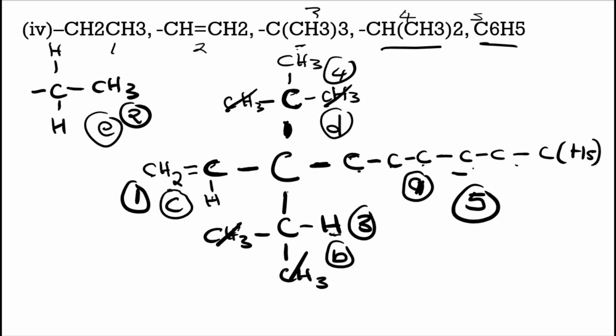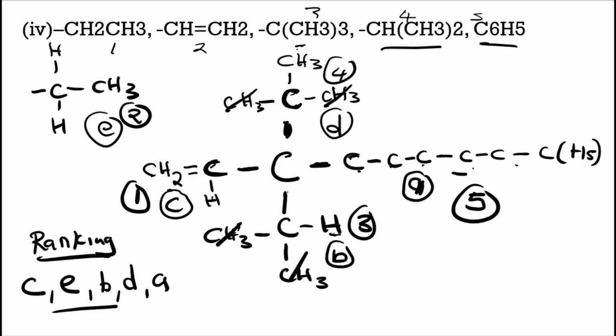So in ranking priority now, you're going to have from the lowest, C will be the lowest, followed by E, followed by B, followed by D, and A will be the last one. So remember, this is A. We said this is A, and then we said this was B here.